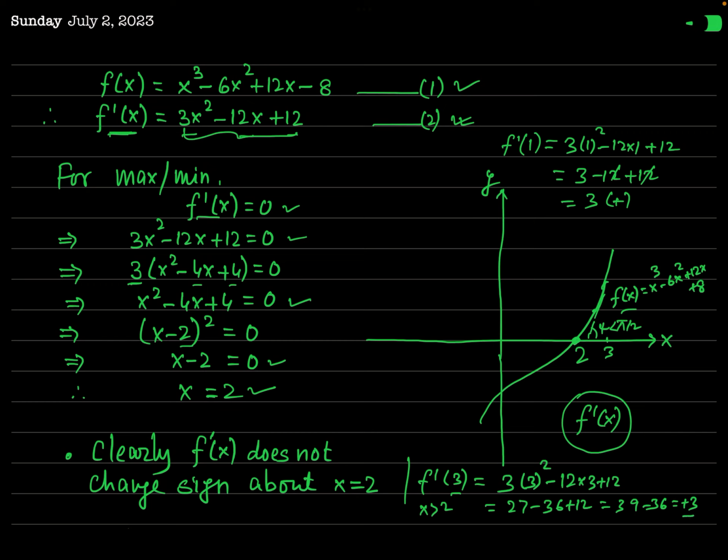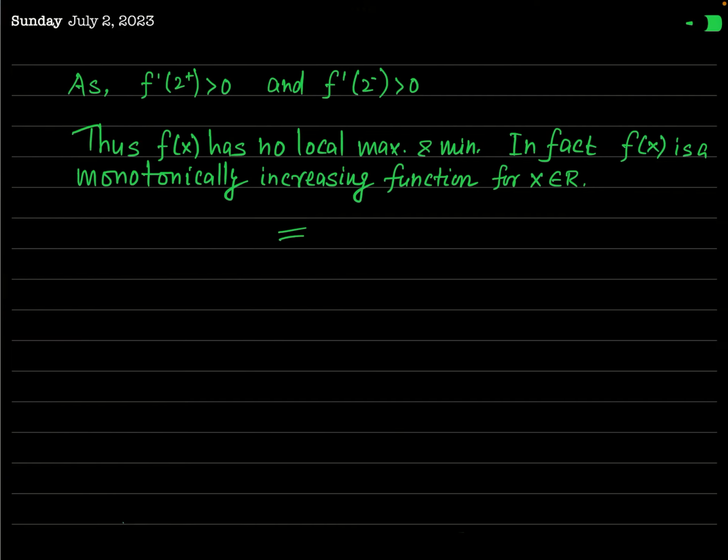And when we have also decreased the value of x by 1 from 2, then again it is 3. It means this function is monotonically increasing. Okay, and that's why we can say that this function has no local maxima or minima.